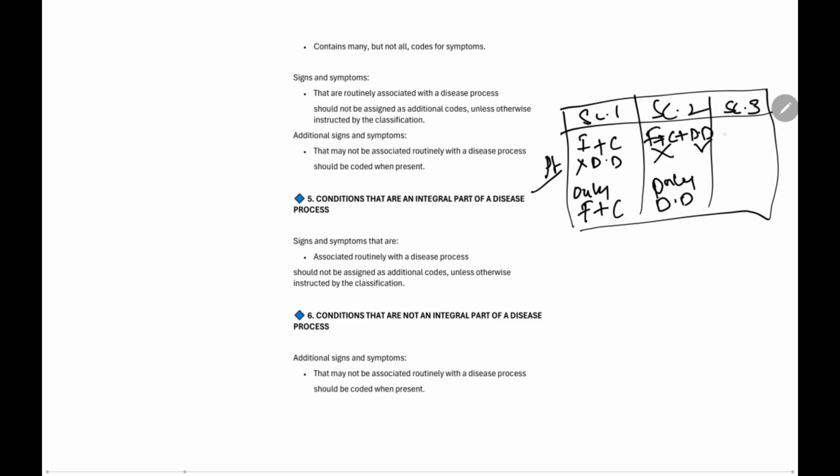Scenario 3: a definitive diagnosis is there, but there is another additional symptom which is not related to pneumonia or the definitive diagnosis, but it is still there. So you will give both, the definitive diagnosis plus the additional symptom when present. You understood, right? Three scenarios. This is how it goes.